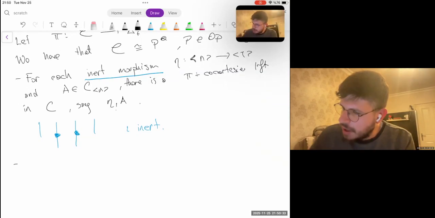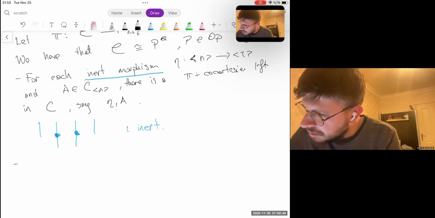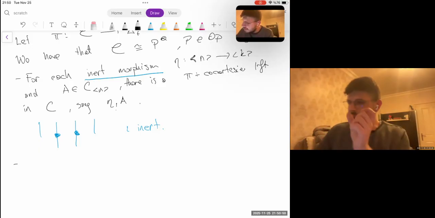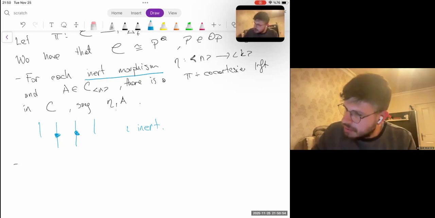So then, sorry, there's a mistake, not to one here. This is a general one. N to K, so from N elements to K elements. So this is inert, 4 to 2, what I drew.